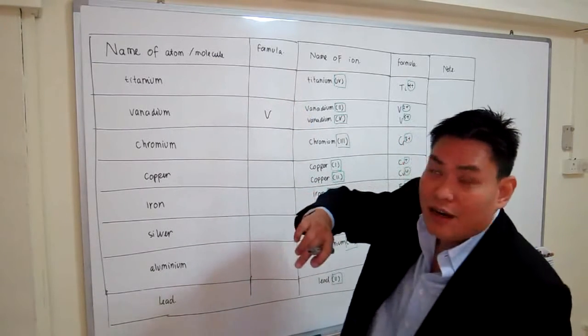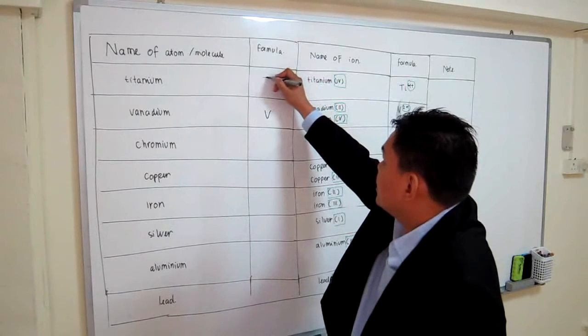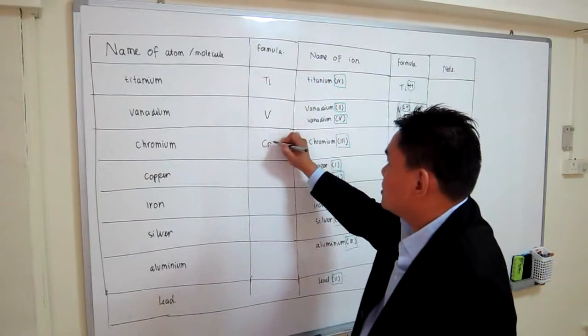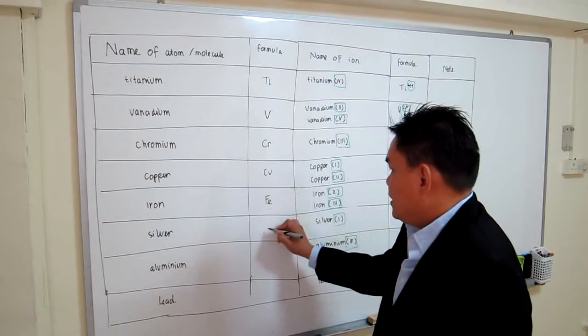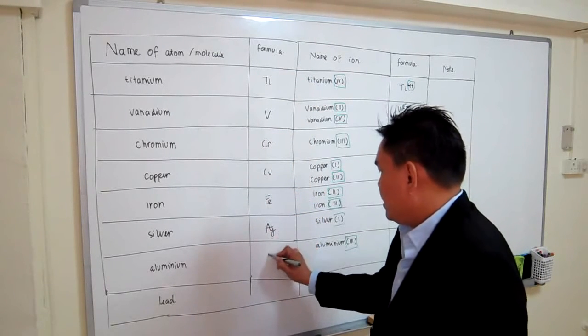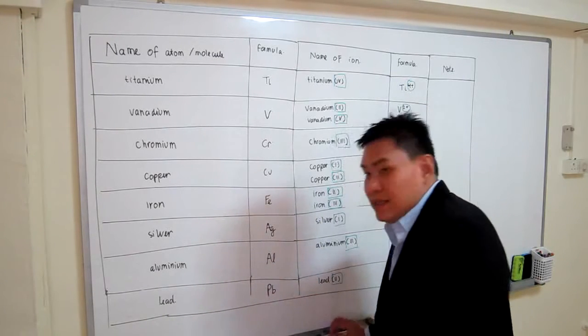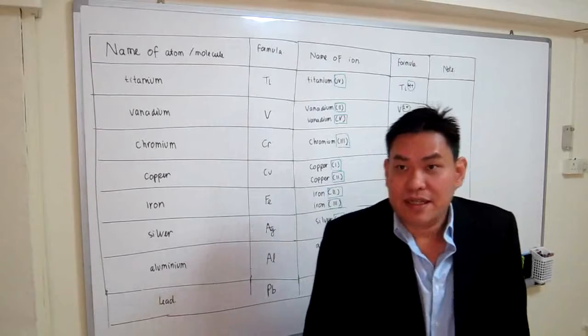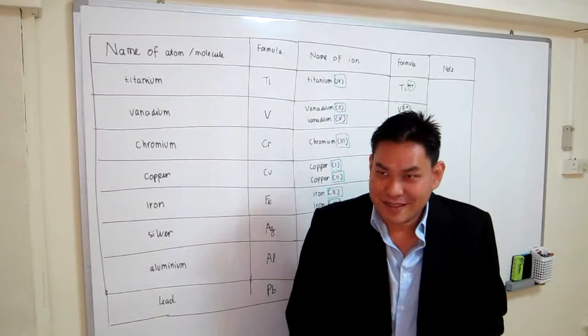The chemical formula of the atom itself is very easy, of course without a charge. So titanium is Ti, chromium is Cr, copper is Cu, iron is Fe, silver is Ag, aluminium is Al, lead is Pb. So that's how we give names to ions made from transition metals.